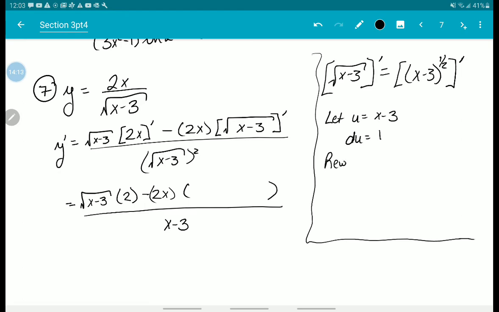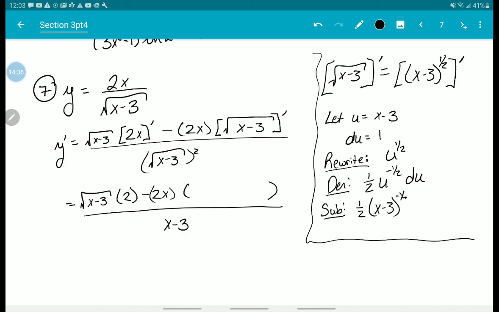And then we're going to rewrite. It's important to remember these steps. So we're going to have u to the 1/2. Then take the derivative. We're going to have 1/2 u to the negative 1/2 times du. And then finally substitute in 1/2 (x minus 3) to the negative 1/2 times du, which is 1. So that is what goes into that blank.